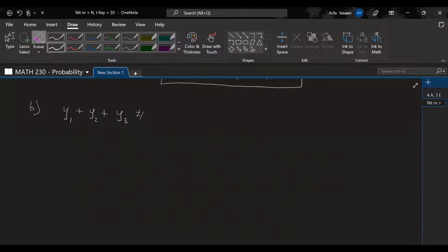While substituting, we'll get a constant, which for y1 was 2, for y2 it was 2. It would be, I think 7. Yeah.